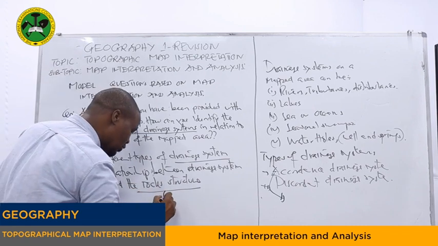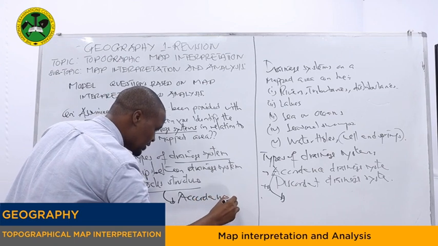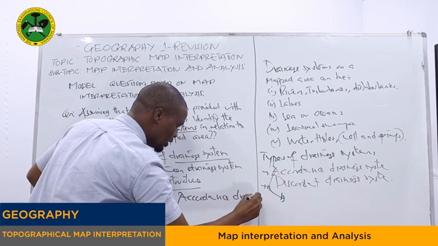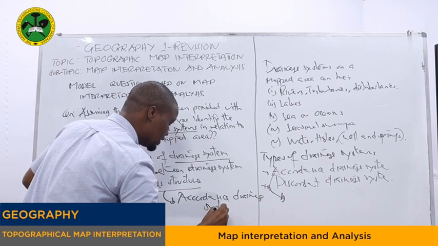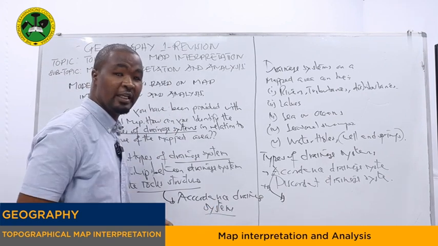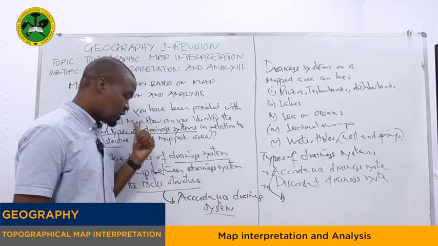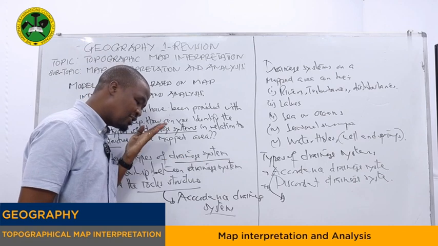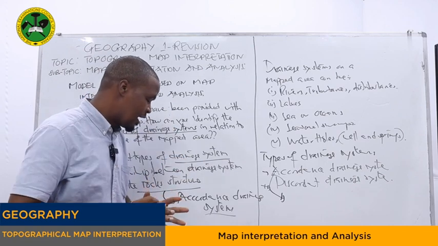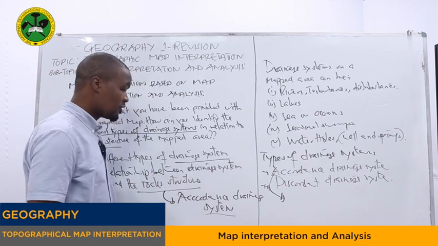It means it needs us to explain what we call the accordant drainage system, because this is the drainage system where the rivers or other water bodies flow in accordance to rock structure and geomorphology. So the question needs us to explain the drainage systems which are in relationship to the rock structure of a given mapped area.